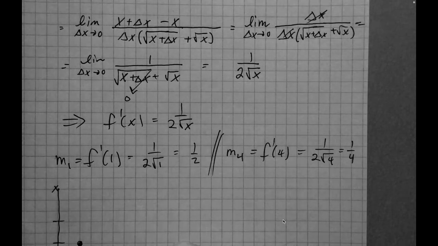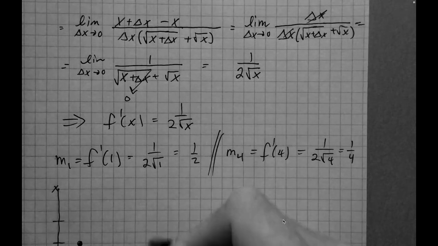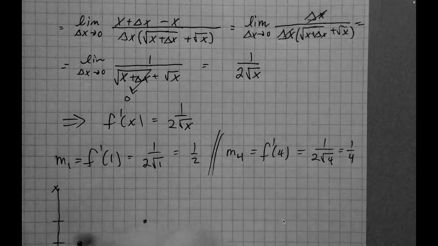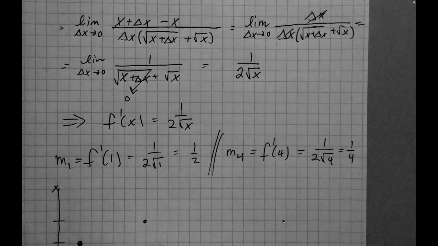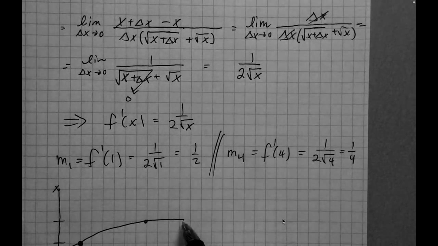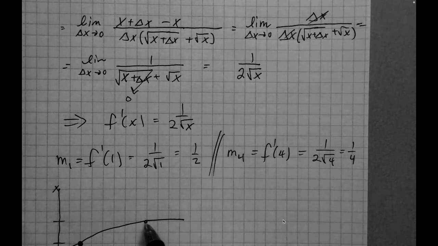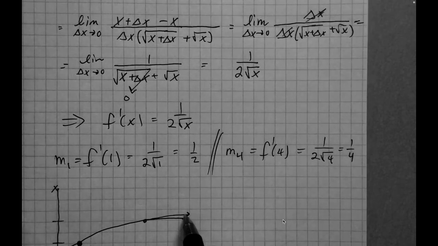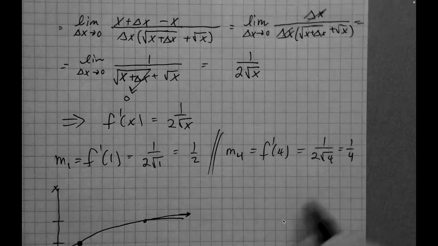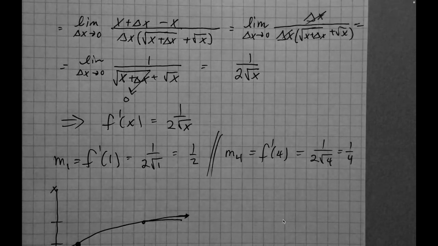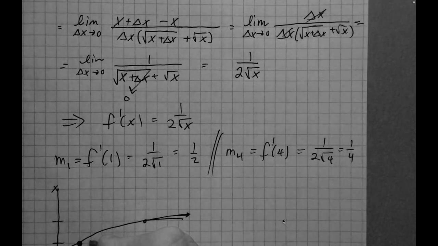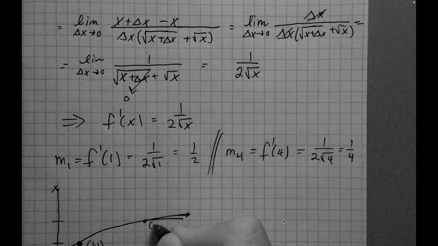And then out here at 4, it should be equal to 2. Kind of looks like this. Now, this doesn't ever turn back on itself, so it kind of heads off, and it grows without bound, but slower than normal. So this would be the point 1, 1. This would be the point 4, 2.